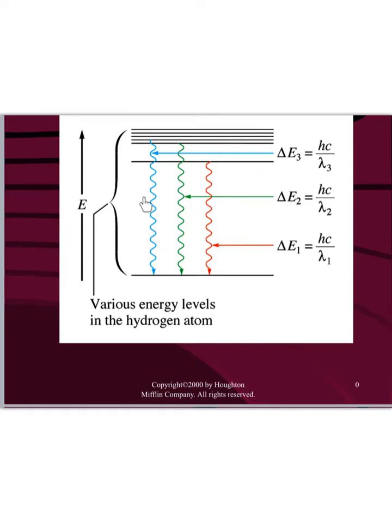As we move further and further out, the energy levels get closer and closer to each other. You can see here the blue light, the green light, and the red one. Notice that the blue one, once again, is associated with higher energy. The red one is associated with lower energy.